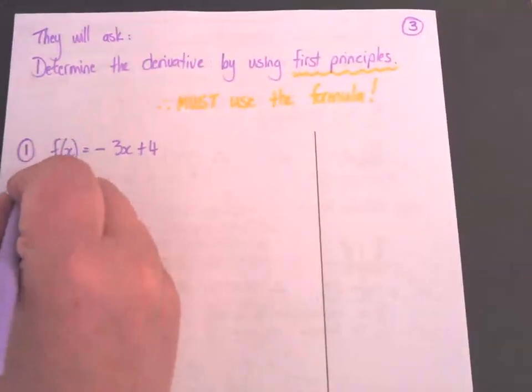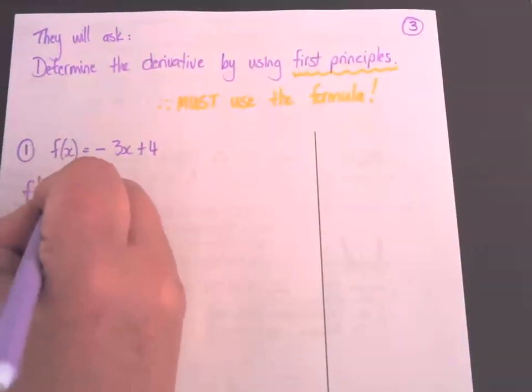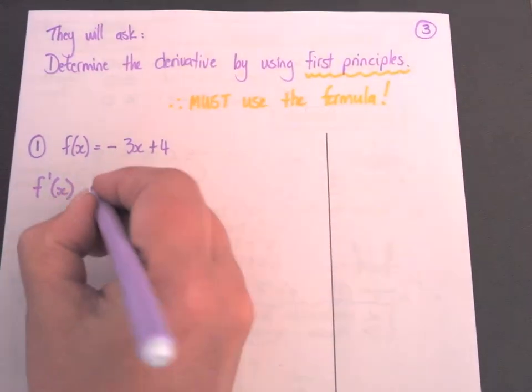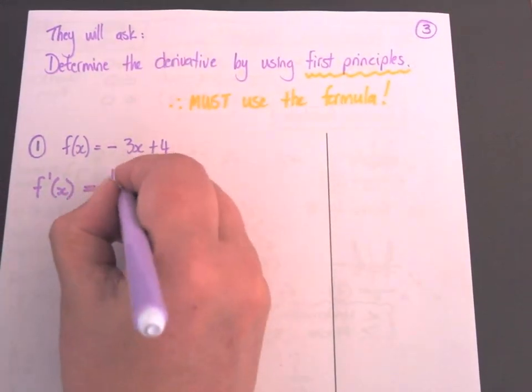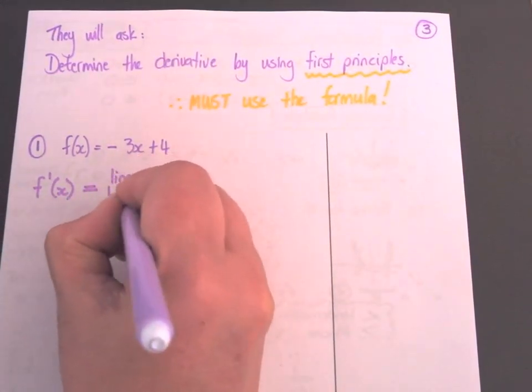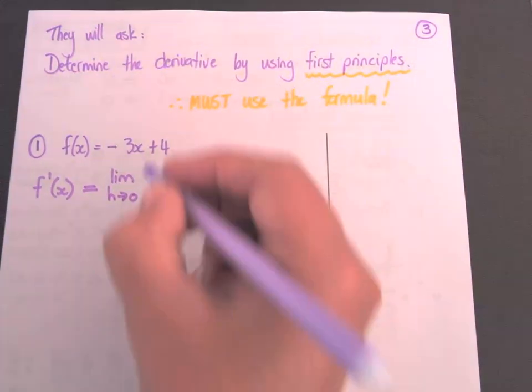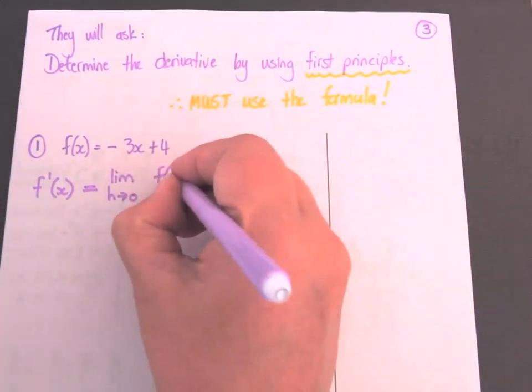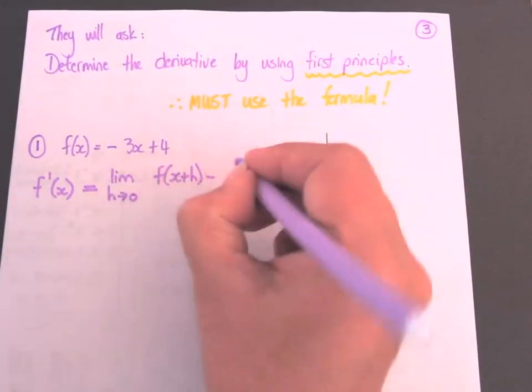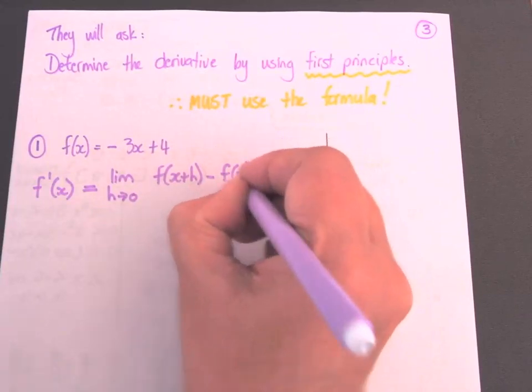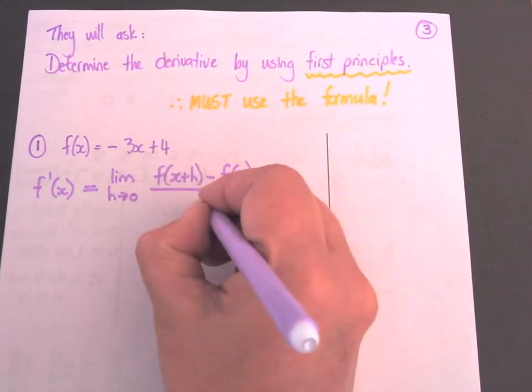So the first derivative is f accent x equals the limit when h tends to 0 of f of x plus h minus f of x over h.